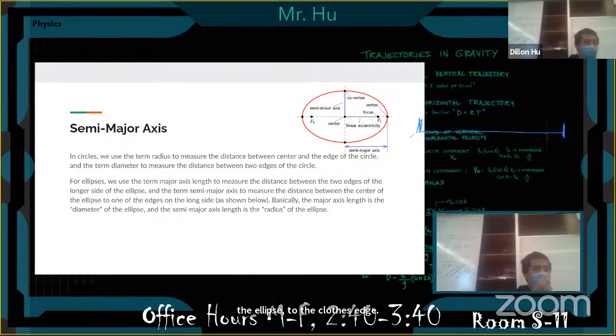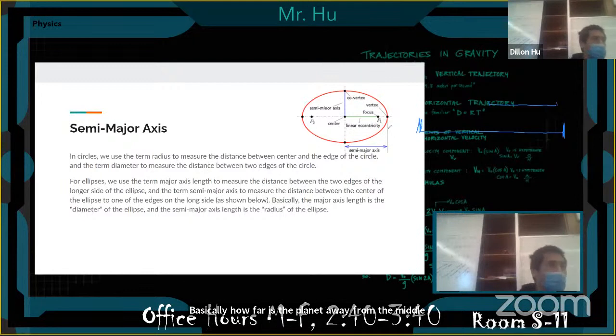And if I'm measuring the semi-major axis, I'm only measuring the middle to one of these far edges. That's why it's called semi-major, because semi means part, like halfway. Major axis means the big side. So when we measure planetary distances, we actually measure the semi-major axis, basically how far the planet is from the middle of the ellipse.